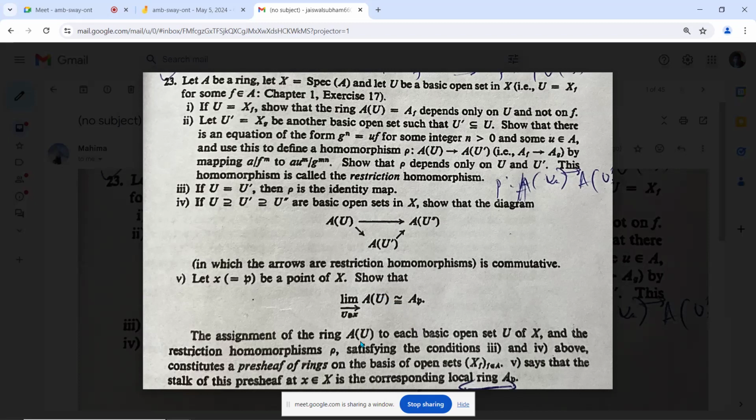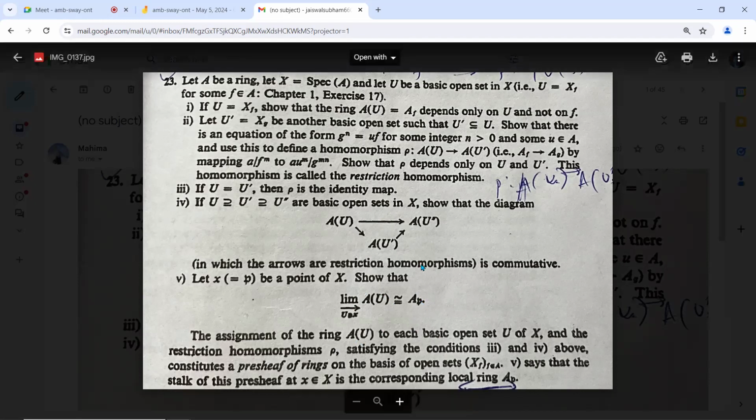And the functions which you get are basically all functions which don't vanish at p, that's basically A_p. All the g's which don't contain p are inverted. That is A_p basically, because you invert the complement of p. Of course, you have to still write the proofs and all. Maybe that's fine.